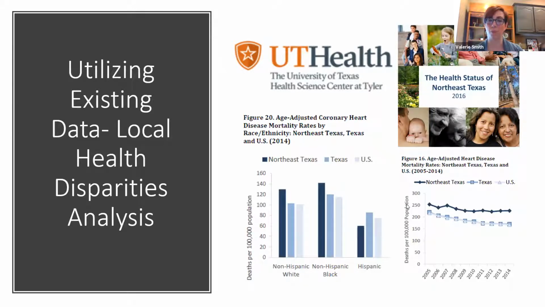This is a report that came out in 2016 from our local University Health Science Center. If you have an academic medical institution or teaching hospital in your community, there's a very good chance that they have done a similar report, really looking at disparities within our community.